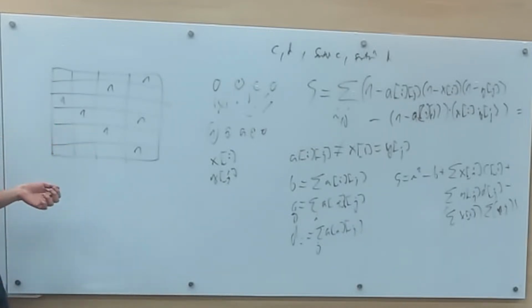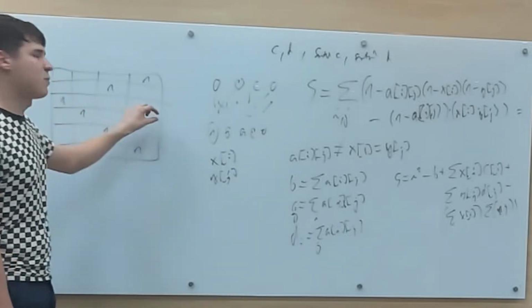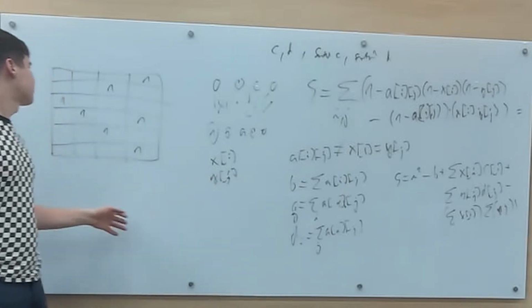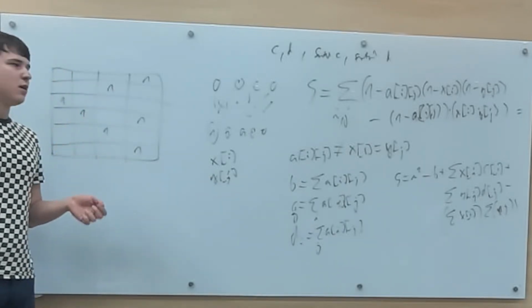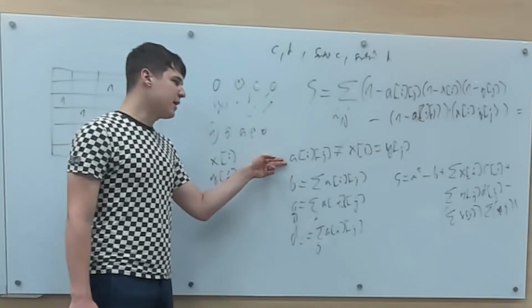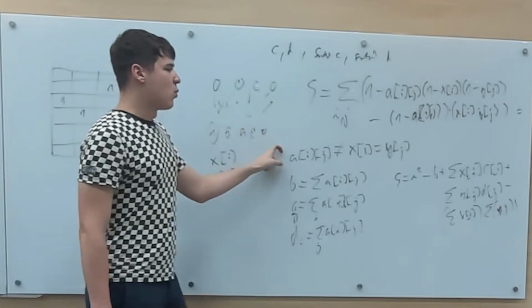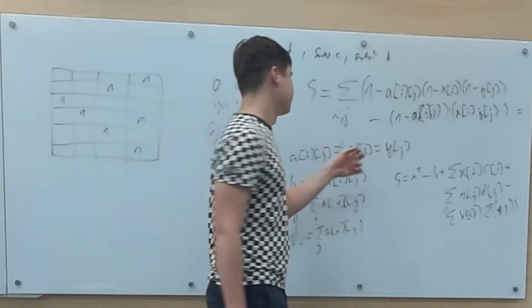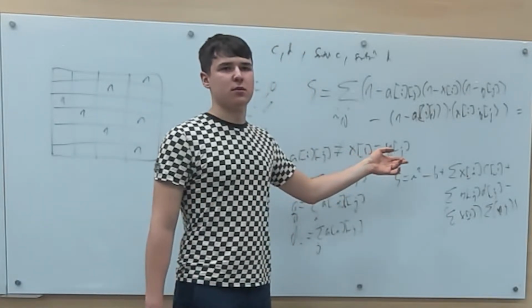So now xi decides if in some column we pick all ones or all zeros, right? And yj decides for a row what we pick, right? And now what I'm saying is that an element is not picked only if its column we decided to pick another type, and in its row we also decided to pick another type.